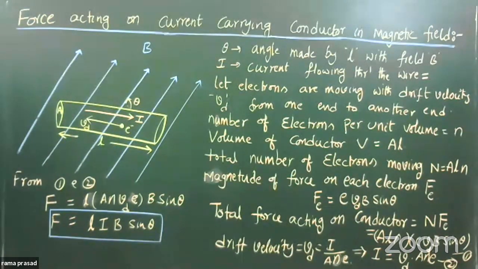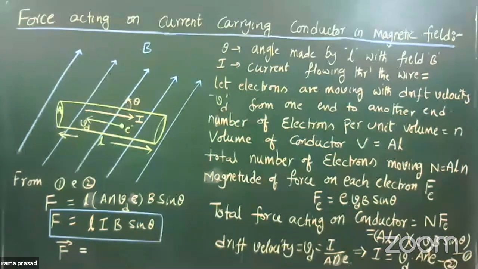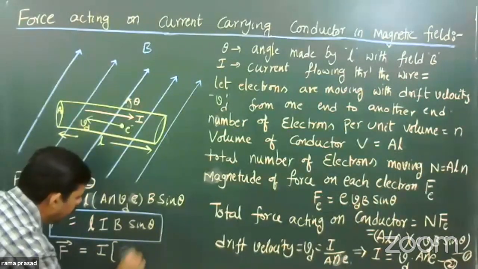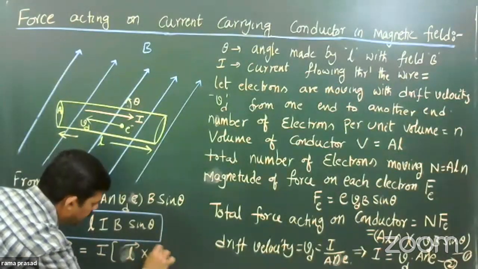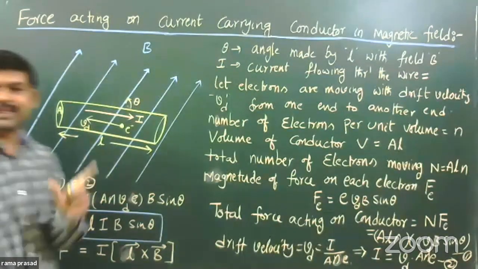Okay, and we can write it in vector form. F vector is equal to I L cross B. Here, length of the conductor is treated as a vector.